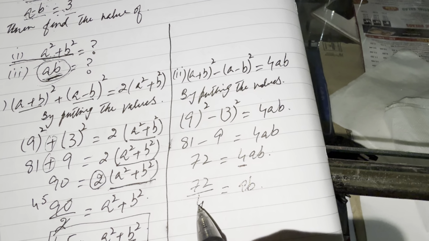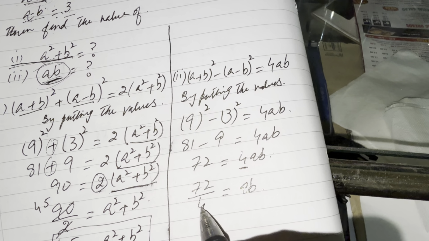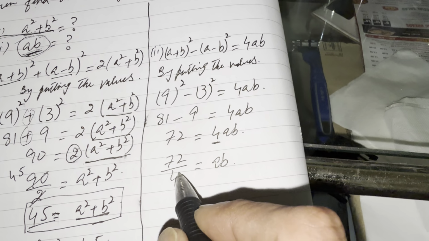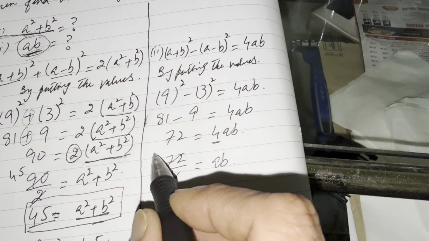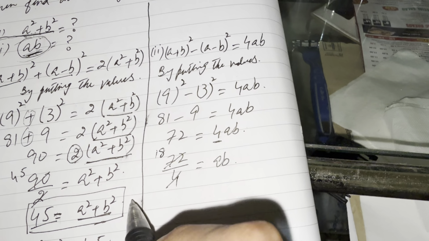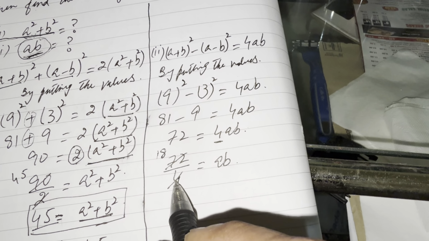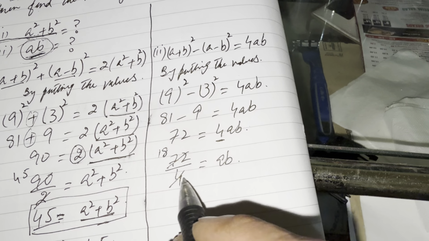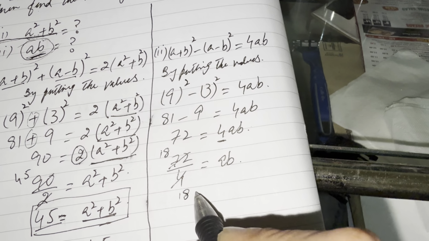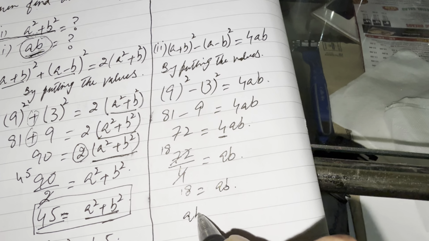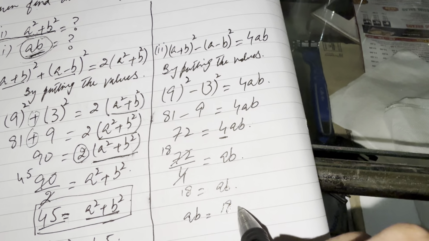Now how will we divide this? 4 how many times are 72? 4 18s are 72. So 18 is equal to AB, or you can say that AB is equal to 18.